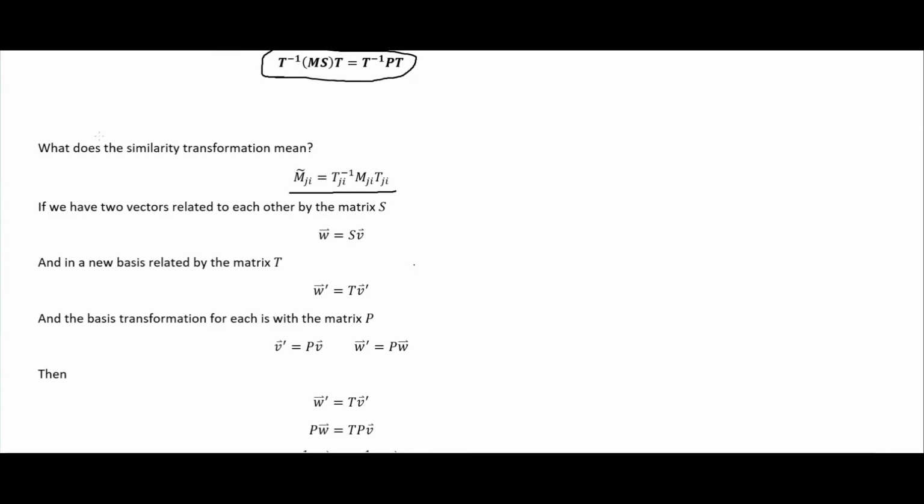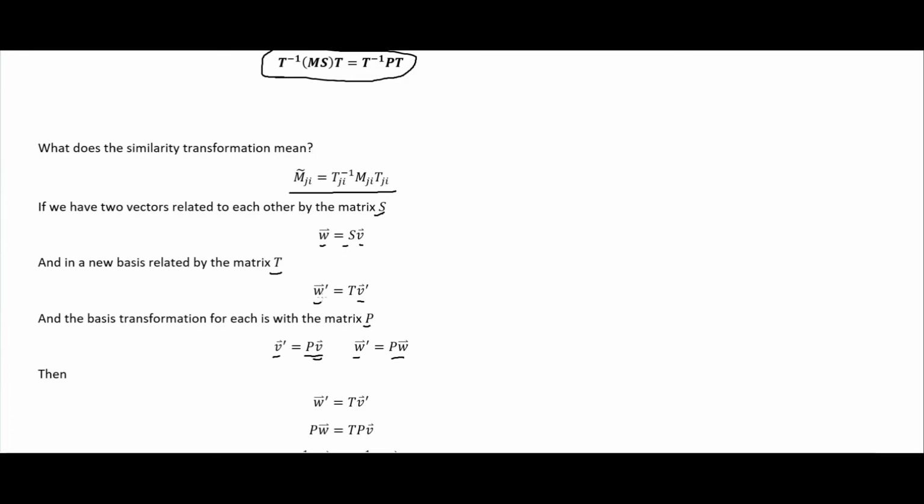If we have two vectors related to each other by some matrix S, but in a new basis they are related to each other by a matrix T. So the primed W and the primed V here are related by T, where the unprimed are related by S. Then we have the basis transformation for each with this matrix P, so that this P acting on V gives us V prime, and this P acting on W gives us W prime.